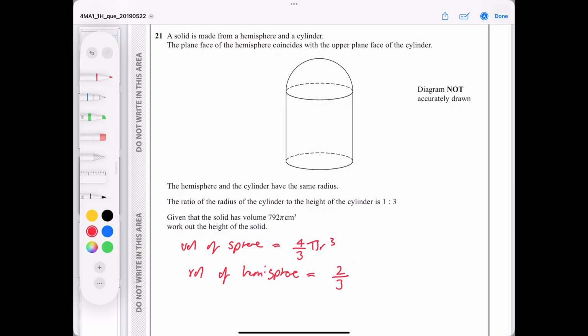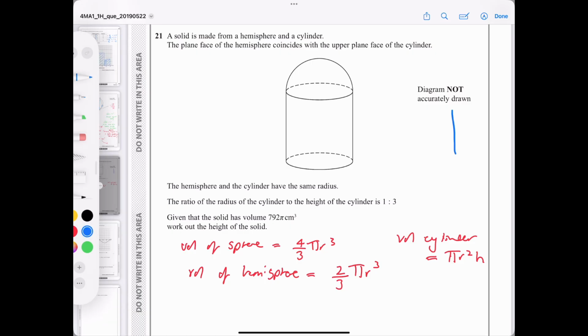We could do 4/6, but that gives us 2/3 pi r cubed. And then we know that the volume of a cylinder equals pi r squared h. Now I was quite tempted to do something a bit weird, but I'm not going to do that. So these are the two things we now know.